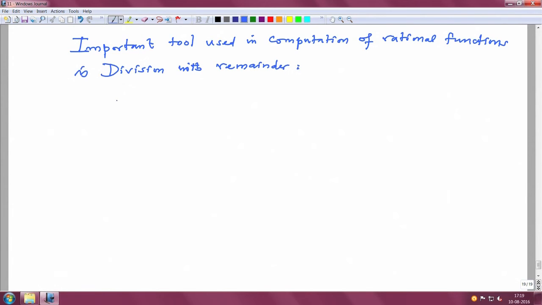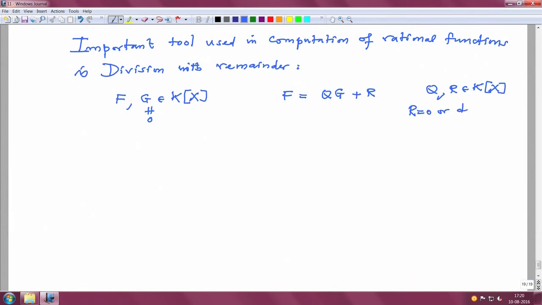Remember, if you have two polynomials f and g, and if g were non-zero, then we have divided f by g and written a quotient and remainder. So that means we have written f as q times g plus r, where q and r are polynomials again, uniquely determined, with the property that either r is 0 or degree of r is smaller than degree of g.